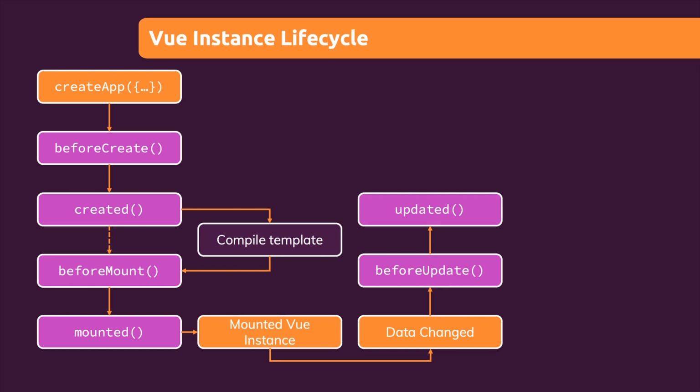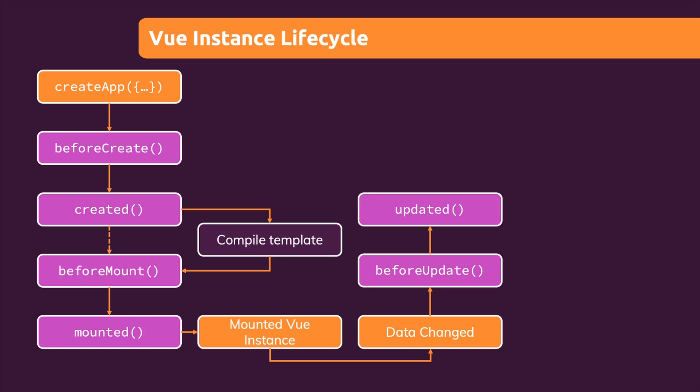Updated is reached once that has been processed. This, by the way, also means that at this point of time, the update is visible on the screen. So we don't reach mounted again because the template was never unmounted. So it always was visible. After updated, the changes just have been processed and have been rendered to the screen, whereas in before update, they haven't.